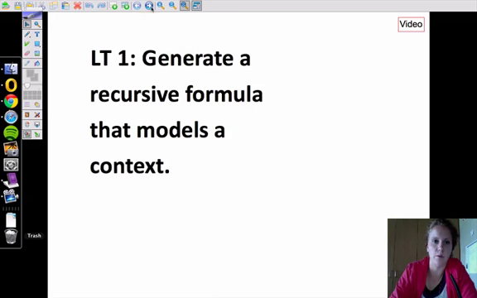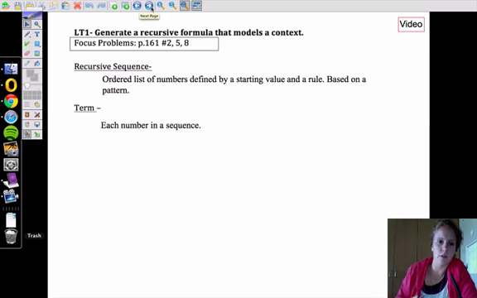So let's get started with some vocabulary. A recursive sequence, and there's those focus problems I was talking about. A recursive sequence is an ordered list of numbers defined by a starting value and with a rule. It's based on a pattern. So what this looks like is it's basically just a sequence of numbers that follow a rule. And we're going to have a start value.